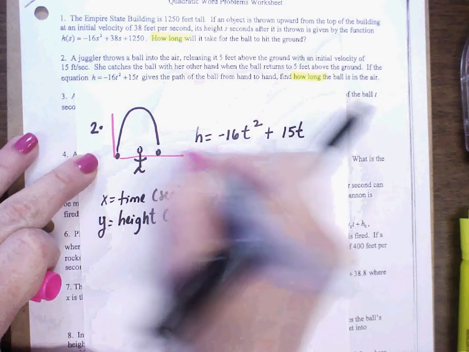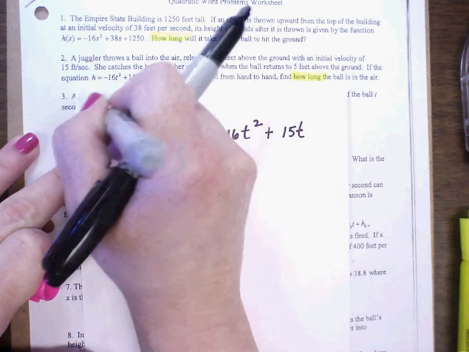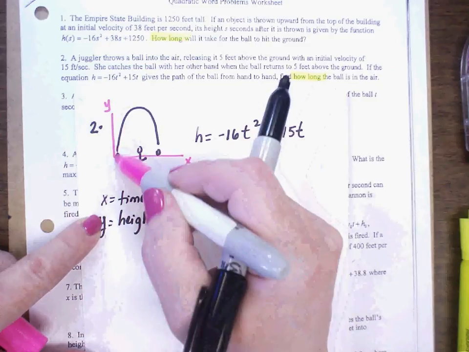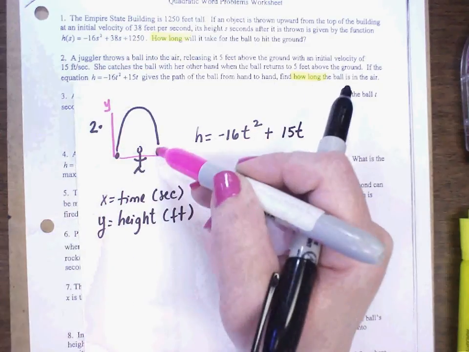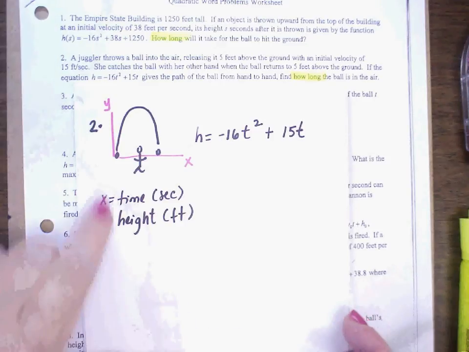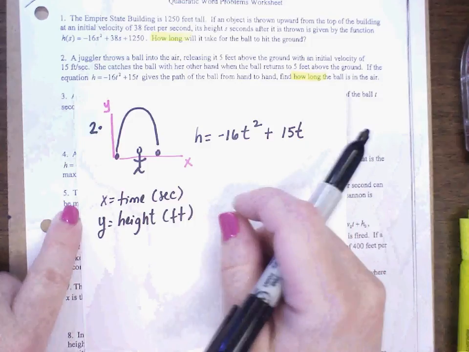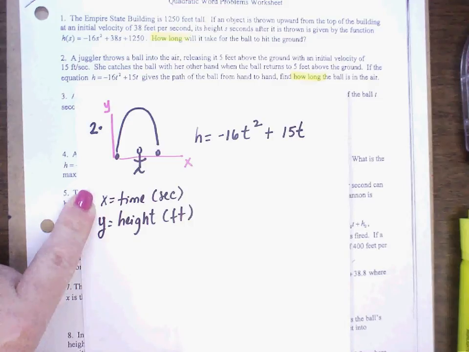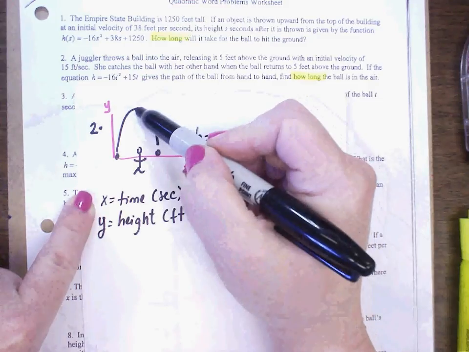So how long will it be in the air? So from here to here, correct? When she releases it and when she catches it. That's how long it will be. So what is it asking you to do? You're just restating the question.